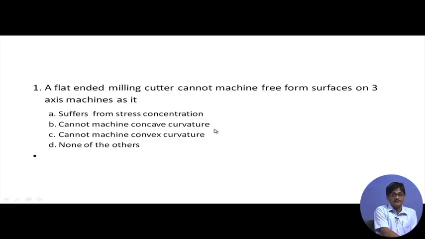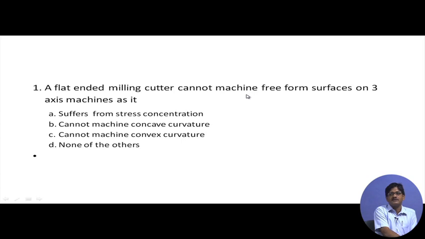B is correct. What about A? Suffers from stress concentration. The answer to this is, if it suffers from stress concentration, then it would not have been applicable in other cases also. So, this cannot be the reason for which it cannot machine free form surfaces.